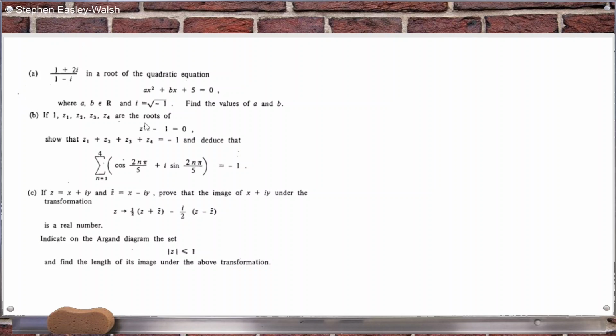The second part now. We want the roots here of z to the 5.